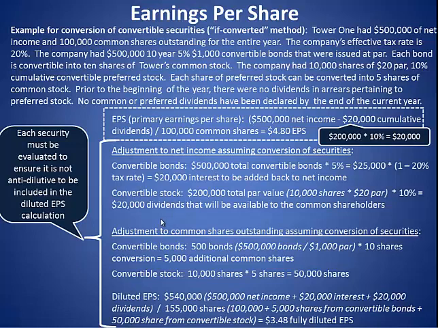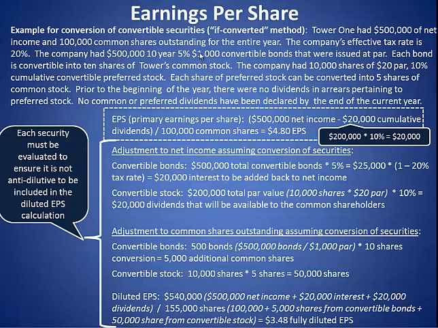Now we need to make an adjustment to our common shares outstanding, assuming that there's a conversion of our securities. So let's start off with our convertible bonds first. Again, there were 500 bonds, and we know that because the company had $500,000 worth of $1,000 par bonds.